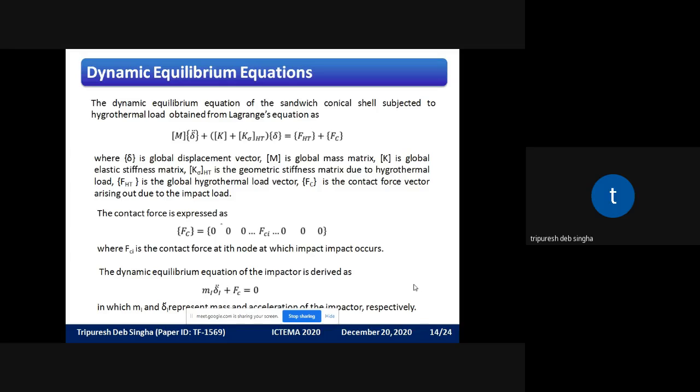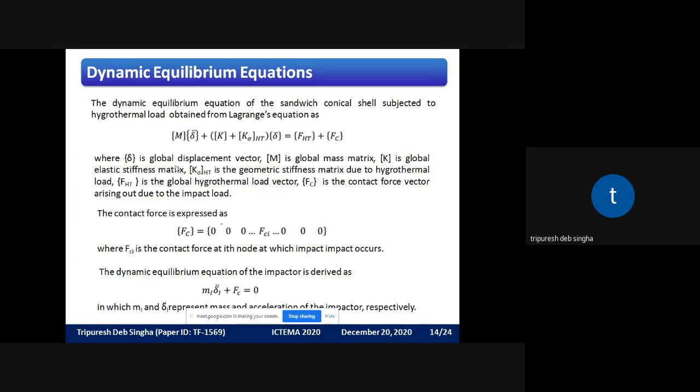And ultimately, using Lagrange's equation, we will get the dynamic equilibrium equation for this impactor and shell system, where M is the global mass matrix, delta is the vector which contains the global displacement, and K is the global stiffness matrix.